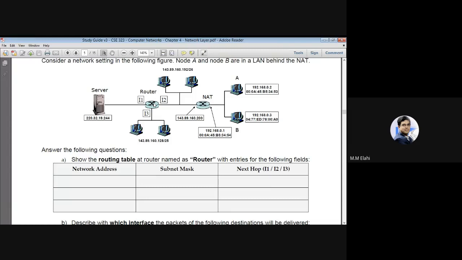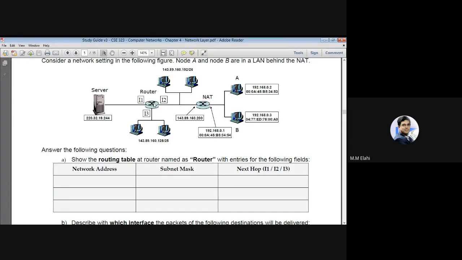So how many networks? 3 networks. Doesn't matter. I2 is maybe connected with another router, and that router might have 3 other networks. But make it simple. Number of interfaces represents the total number of networks represented by the router.